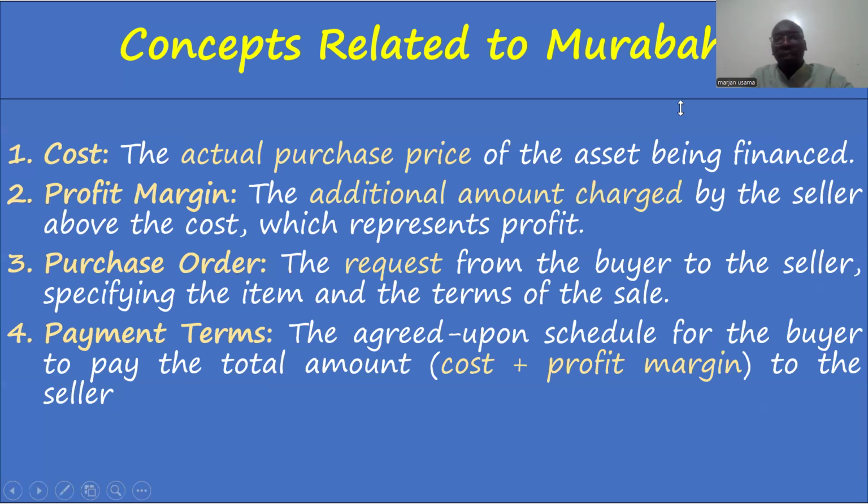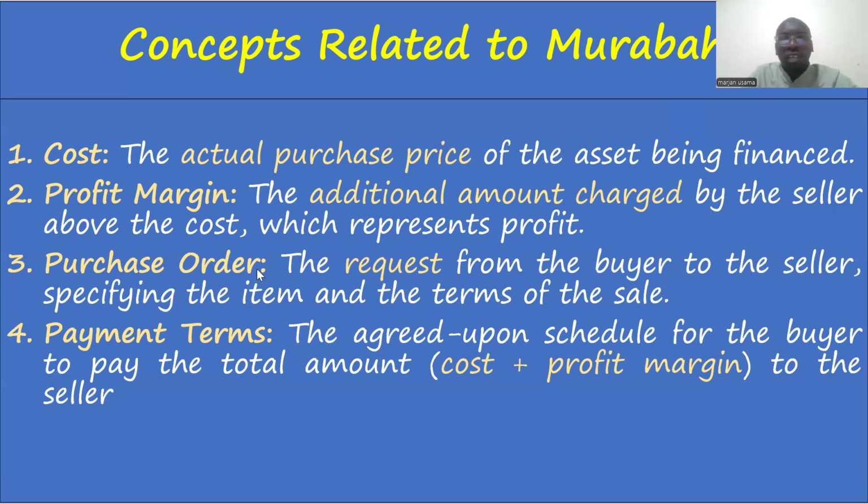Now, to the most important part, what are the concepts related to Murabaha? Number one, we have the cost, which is the actual purchase price of the asset being financed. Number two, we have the profit margin, which is the additional amount charged by the seller above the cost, which represents the profit.